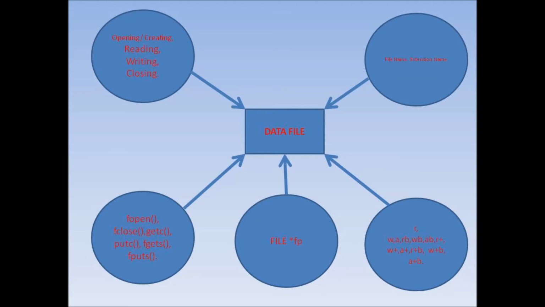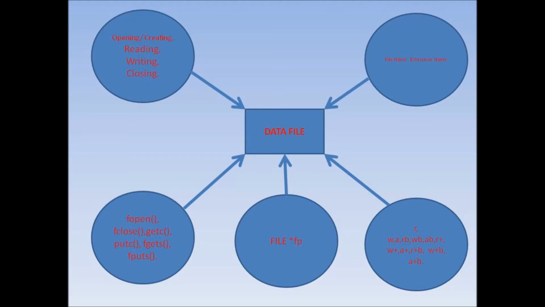Then another function is getc. Actually this getc function reads a character from a file. So if we want to read the contents of a file character by character, the getc function is used. Another function is the putc function. The putc function is used to display a character on standard output, or it is used to write into a file.